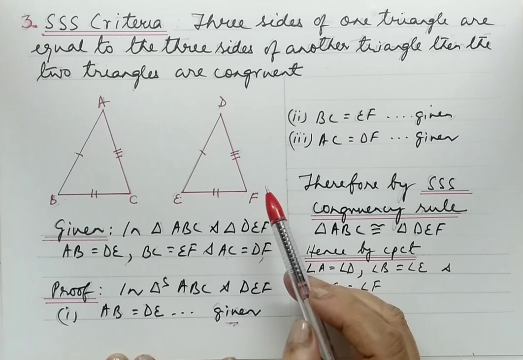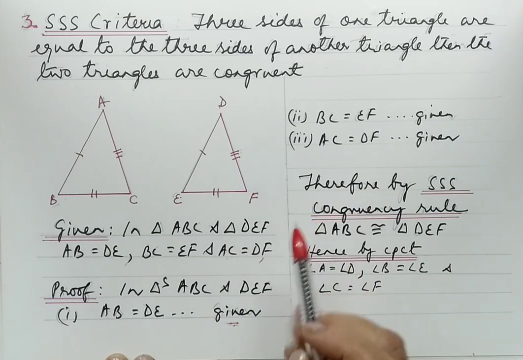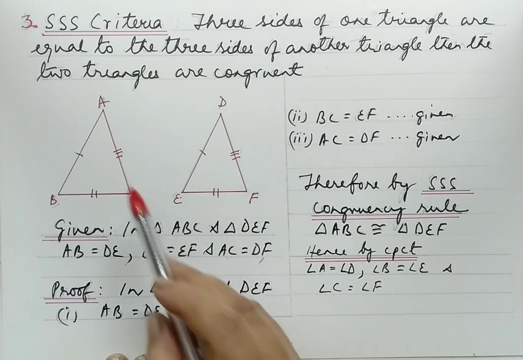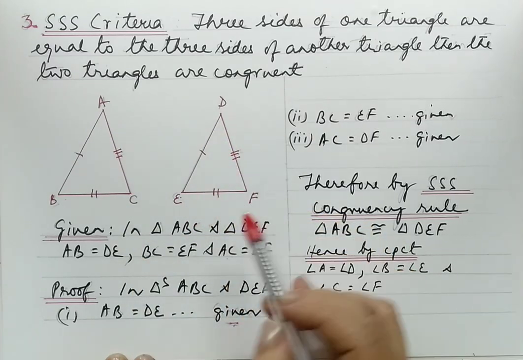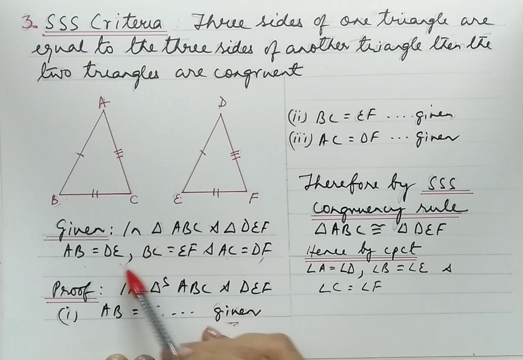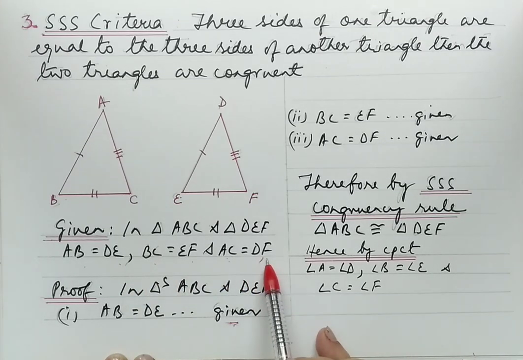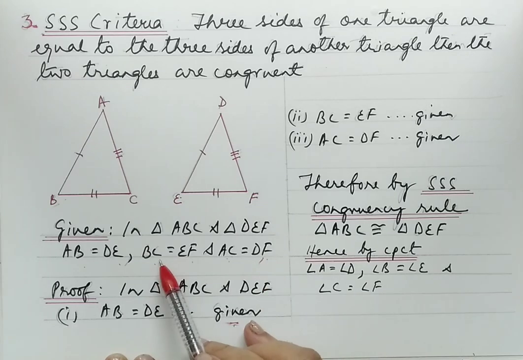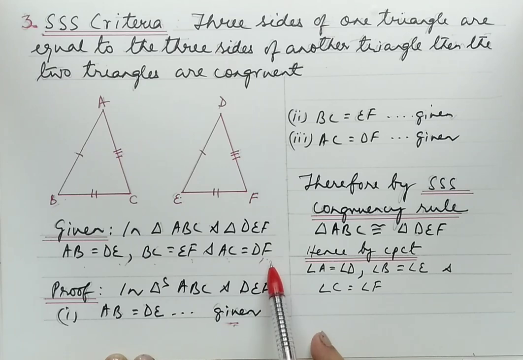So this is sufficient to know that these two are congruent to each other. So in given, as we have triangle ABC and DEF, we have AB equals to DE, BC equals to EF, AC equals to DF. Alright, so BC equals to EF and AC equals to DF, which is here.